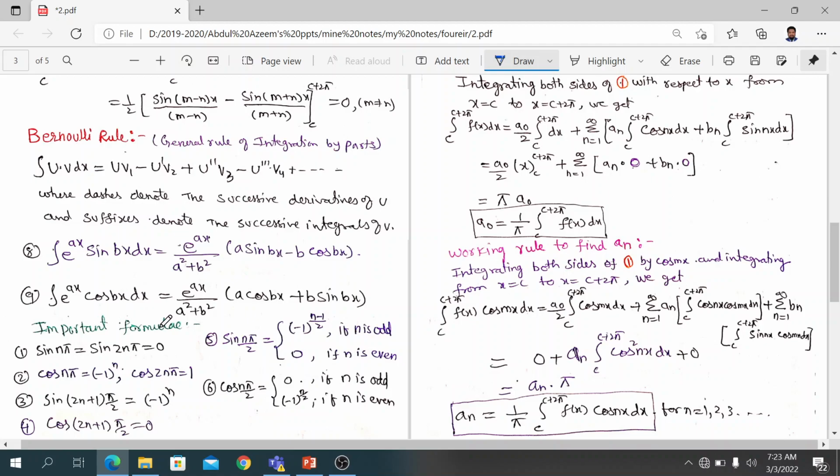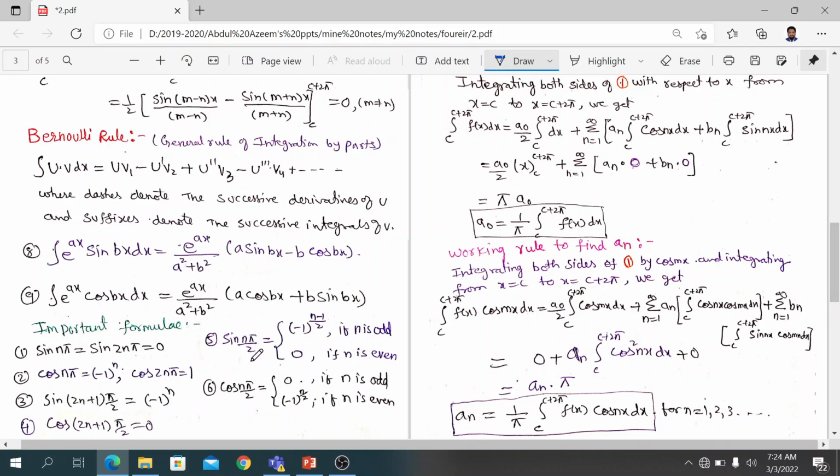Next, some important formulas: sin n pi or sin 2n pi are all 0. Similarly, cos n pi is equal to minus 1 power n, cos 2n pi is equal to 1. Sin (2n plus 1) pi by 2 is equal to minus 1 power n, cos (2n plus 1) pi by 2 equals 0.